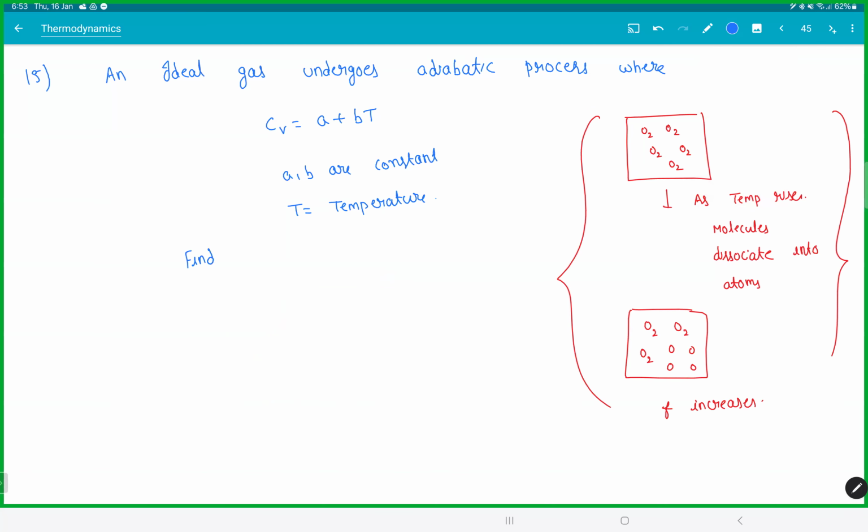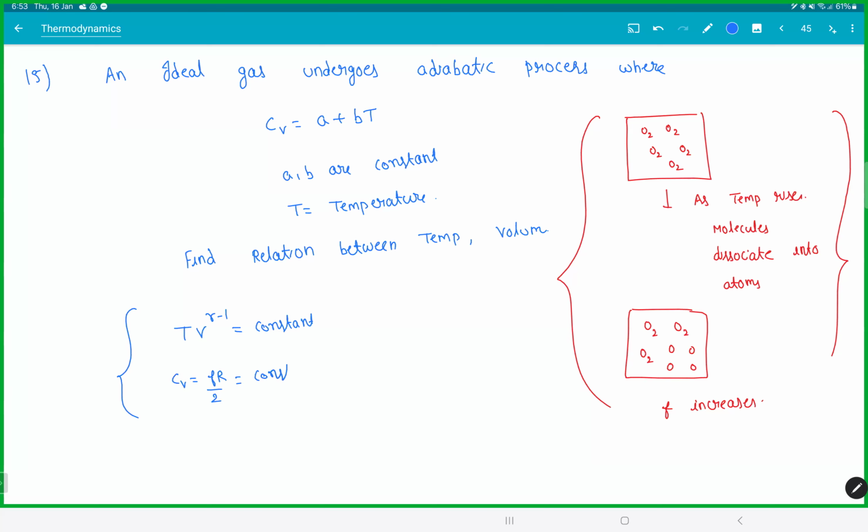Find the relation between temperature and volume. Now be careful. The relation we have, TV power gamma minus 1 is constant, was derived when CV is f R by 2, which was constant.